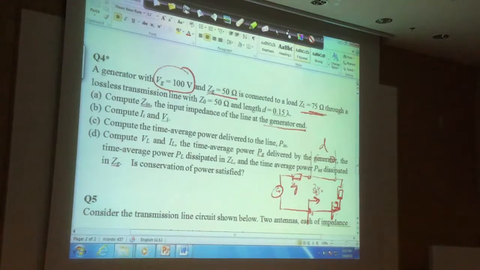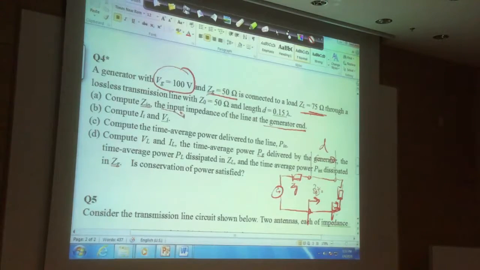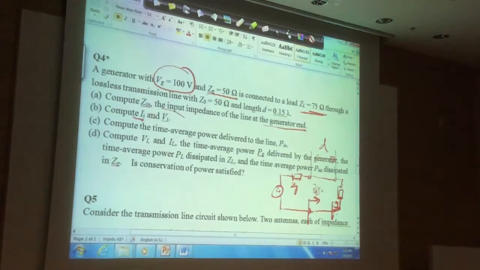This is the generator end. Then, this is not difficult, right? Just by using the transmission line equation, okay? Then compute the current and the voltage, okay? We can simplify this and this.